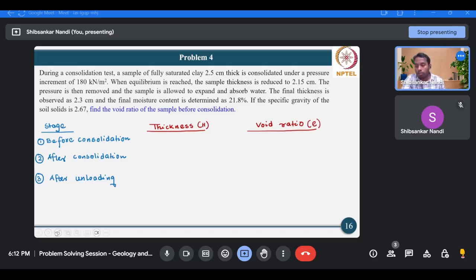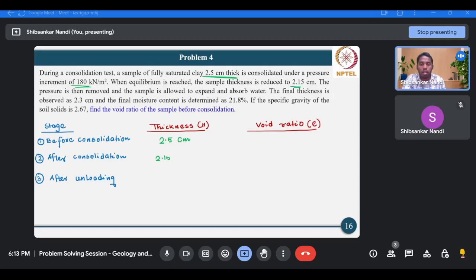Before consolidation the sample was 2.5 centimeter thick. Now when it is consolidated under a pressure increment of 180 kilonewton per meter square and the equilibrium is reached, the sample thickness is reduced to 2.15 centimeter.